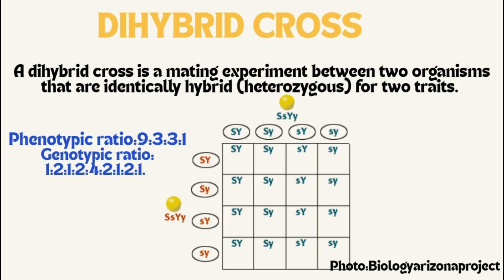So we're going to end up with 16 boxes in order to do a dihybrid cross. And the phenotypic ratio is going to end up with 9 to 3 to 3 to 1. Genotypic ratio, you're going to end up with 1 to 2 to 1 to 2 to 4 to 2 to 1 to 2 to 1, right? So this is what is expected at the end of the day for the dihybrid.